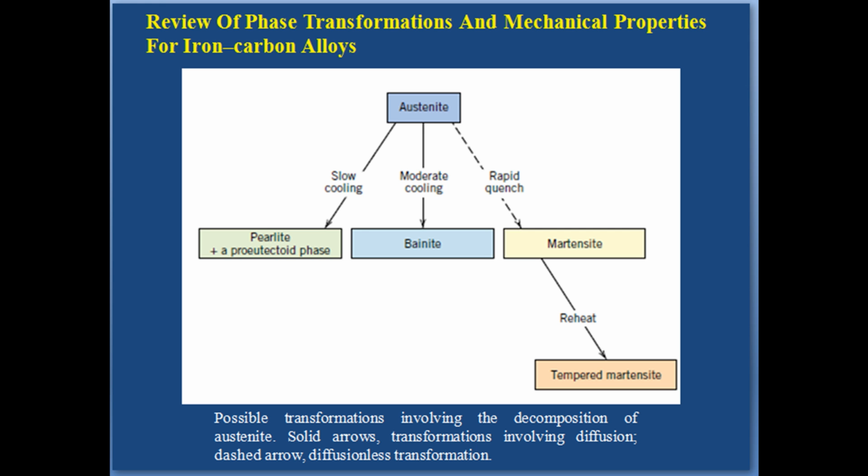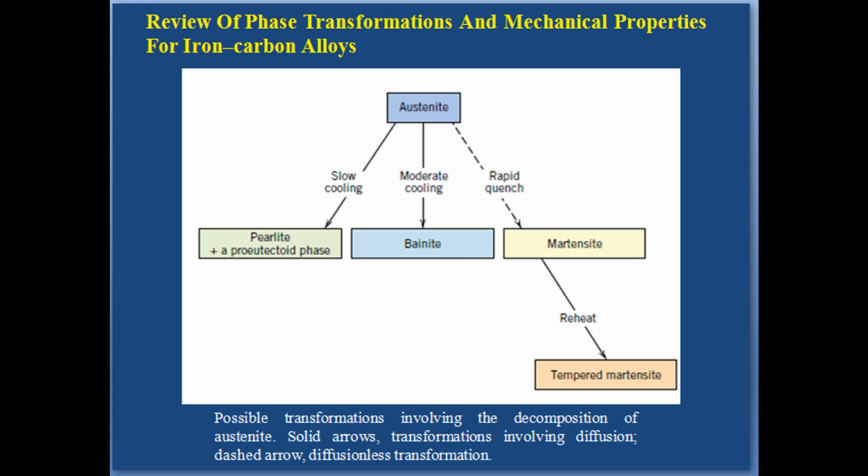Coarse pearlite is more ductile than fine pearlite, as shown in the plot of percentage reduction in area versus carbon concentration for both microstructure types. This behavior results from the greater restriction to plastic deformation of fine pearlite. This is all about the pearlite.